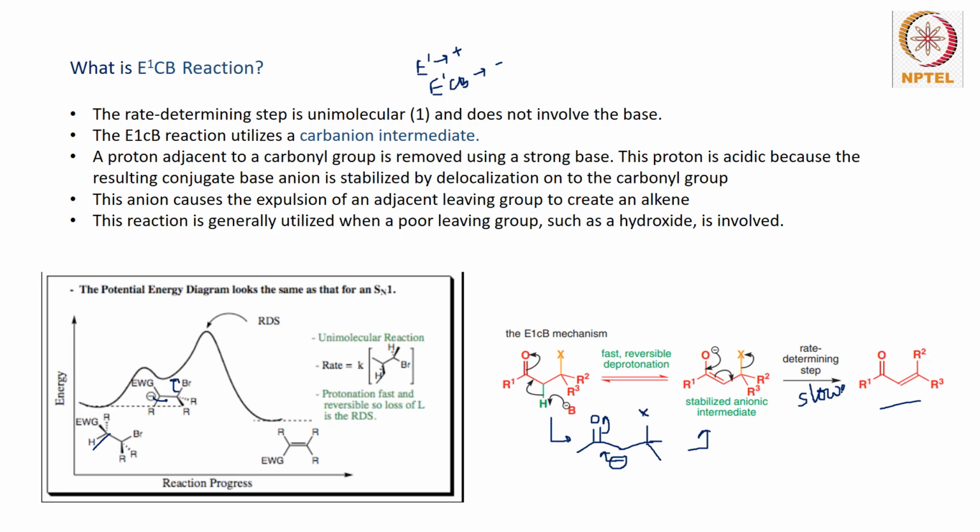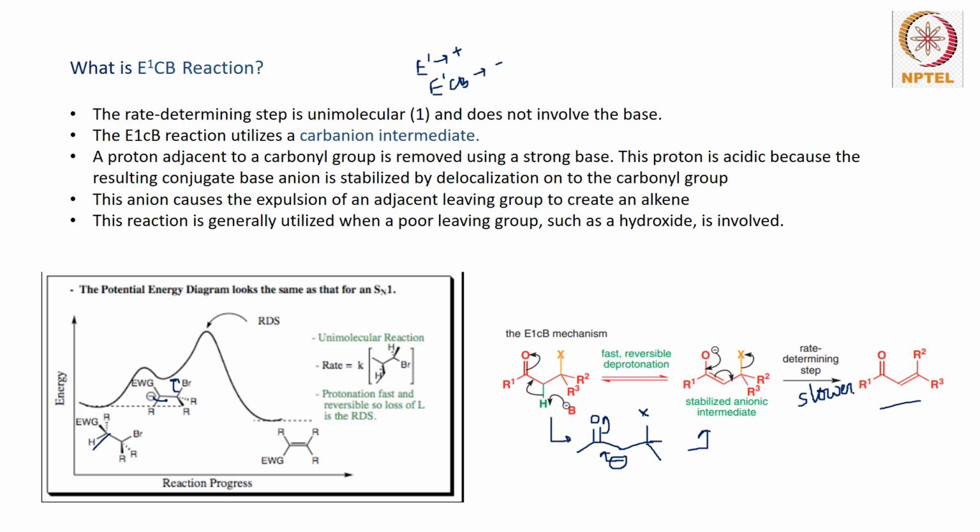Whichever step is the slowest in a multi-step reaction, that will be its rate determining step, because suppose a group of people are walking. Some are walking fast, some are walking slow, but they are competing in a team, on a road or in some competition.